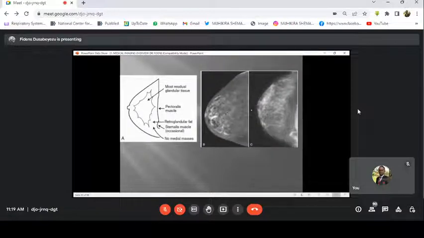So this is maybe according to the age of the patient, or even if patients have the same age, because of different hormonal levels, they can show different images of the breast. People who have a lot of estrogen, for example, have a lot of fibroglandular tissue like here, compared to those patients who have a lower estrogen level.